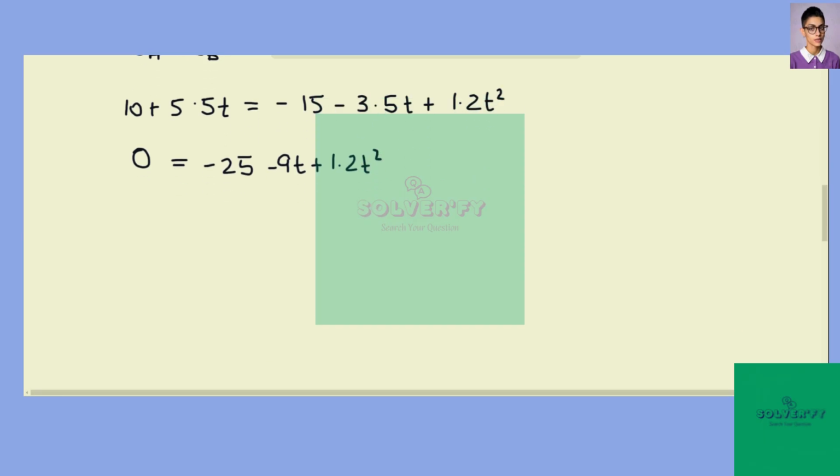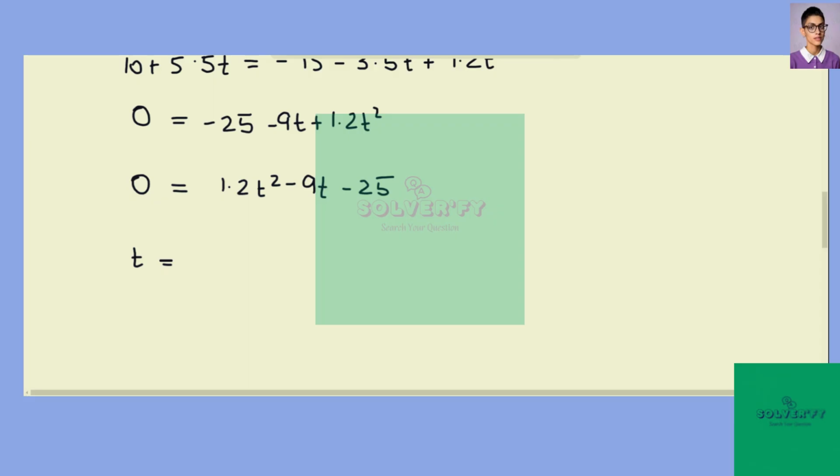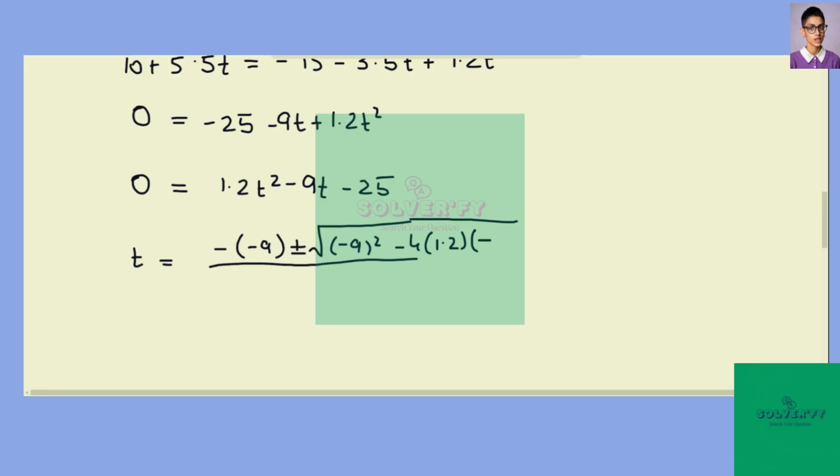And we can use the quadratic formula. First, we can rewrite this equation: 1.2t squared minus 9t minus 25. Our value for t can be obtained by using the quadratic formula, that would be minus b, so minus minus 9, plus or minus the square root of b squared minus 4ac, so that's minus 9 squared minus 4 times 1.2 times minus 25, divided by 2a, so that's 1.2.